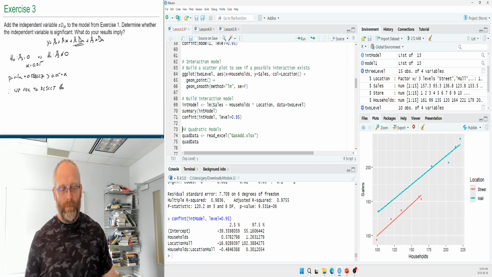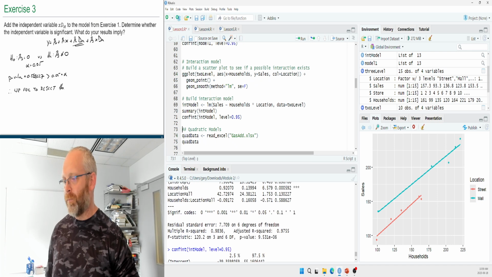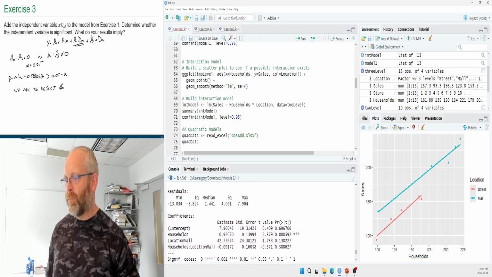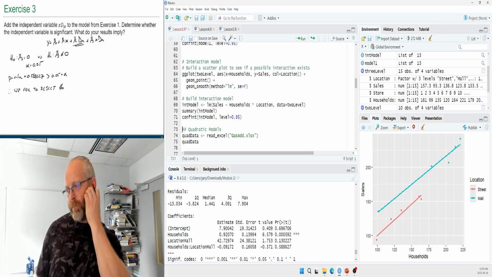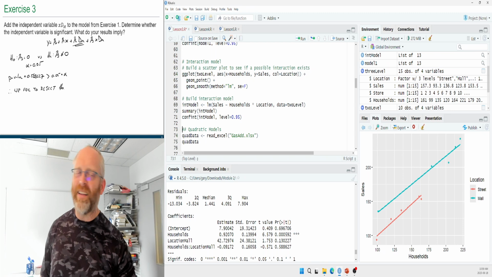Okay, what else? So that's our beta 3. And also, how often should we see the location mol again? We have a p-value that's always incredibly high.